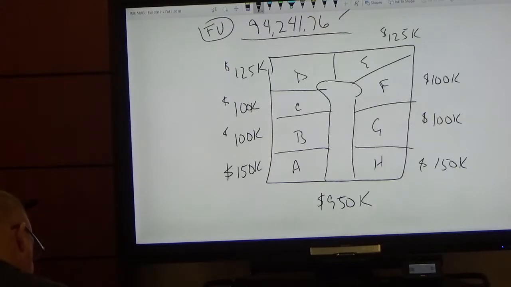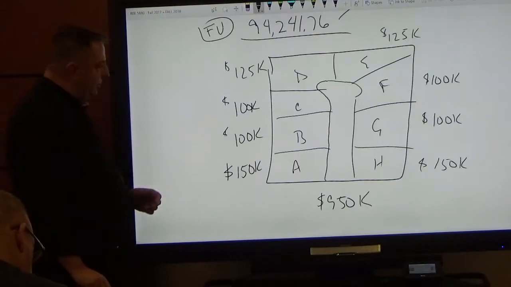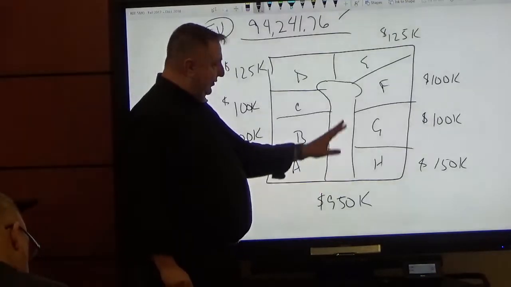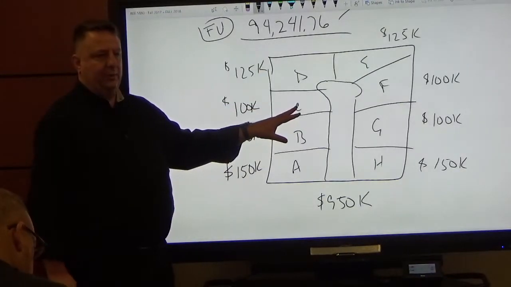And so let's say we have managed somehow to get a land loan from a lender for this subdivision that we're going to develop, and we would start selling off these lots.